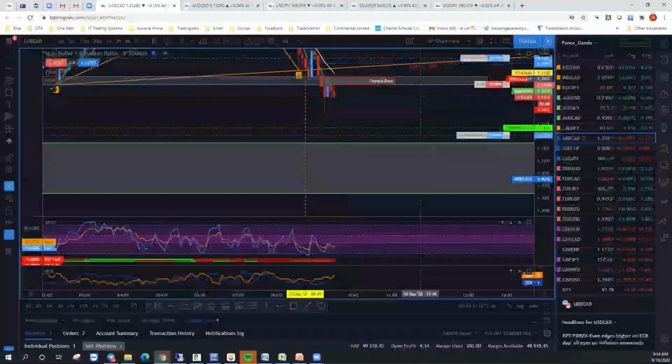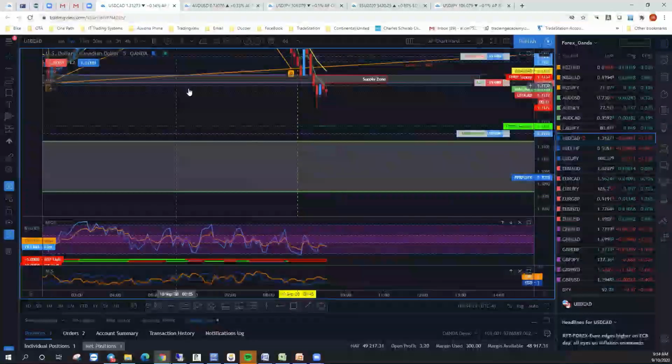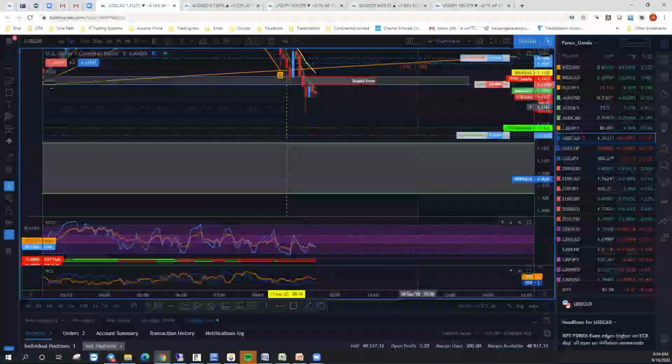The pullback to here is only about 7 pips. If you were just trying to get in right now, you'd probably be filled right about in here, and then you'd be at 21 to 13. We could still probably get another 7 pips out of it here. These are on the 5-minute chart, these are 21 pips apart.